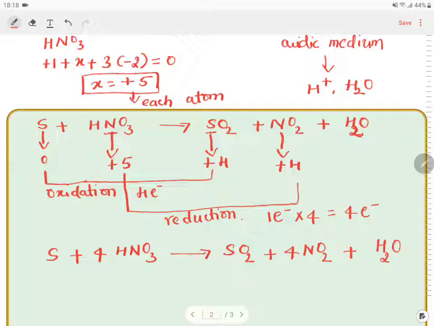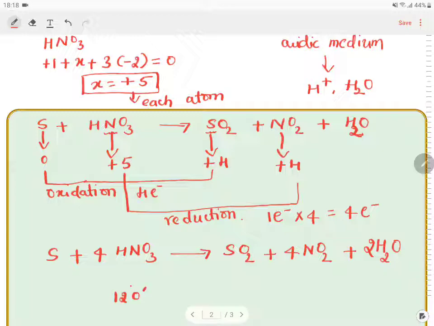Now I have already balanced sulfur and nitrogen. On both the sides, we are left with hydrogen and oxygen. I'll start with hydrogen. So 4 hydrogen atoms are there, only 2 hydrogen on the other side. So what should I do? I'll multiply by 2. So therefore here also 4 hydrogen, 4 hydrogen. Now at last oxygen. Oxygen is how much? 4 threes are 12 oxygen atoms.